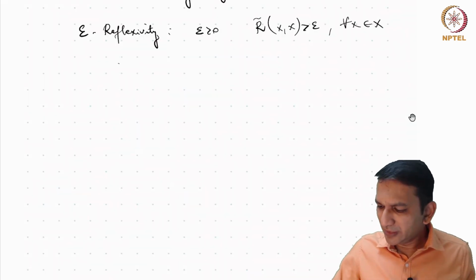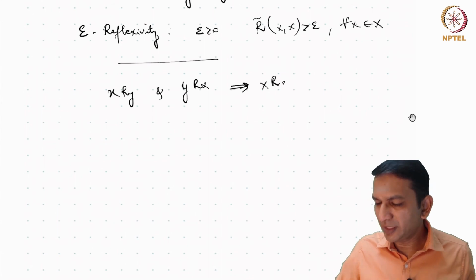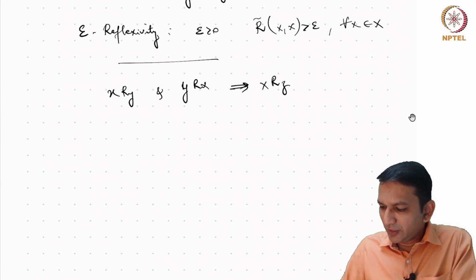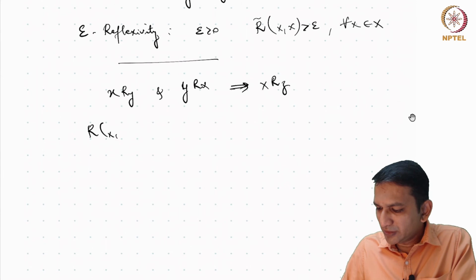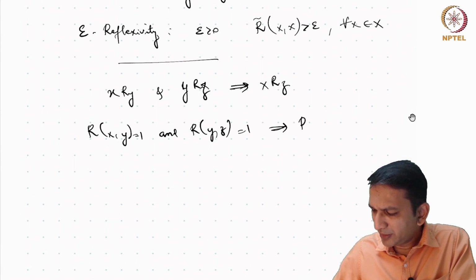Transitivity says that if x is related to y and y is related to z, this should insist that x is related to z. Now, in the classical case, what it means is r of xy is equal to 1 and r of yz is equal to 1. This should imply r of xz is equal to 1.